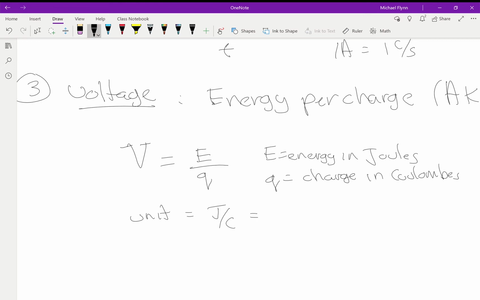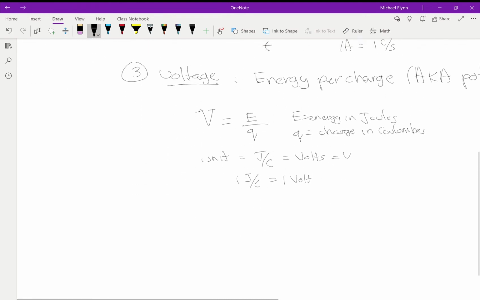But again, we name this in honor of a scientist who invented the first battery, Alessandro Volta. So we just use a capital V for volts. So 1 joule per coulomb equals 1 volt. And that's it. So that's current, that's voltage.